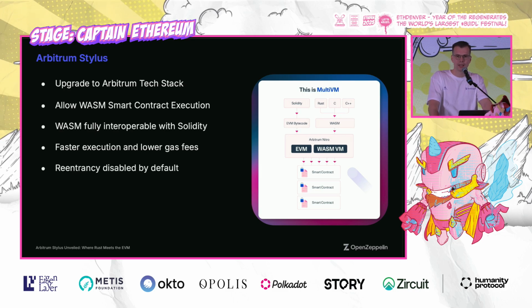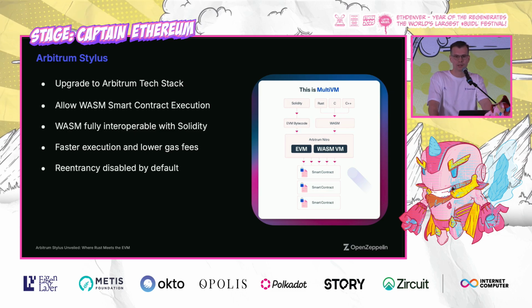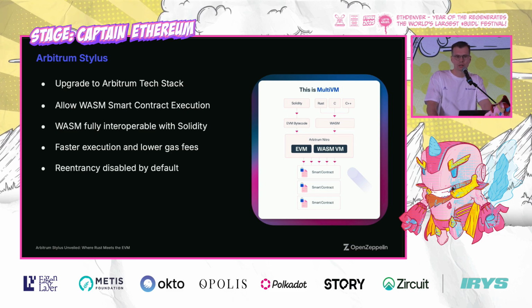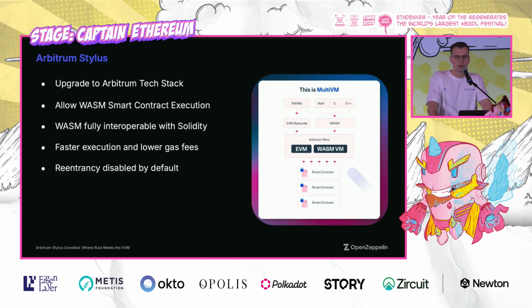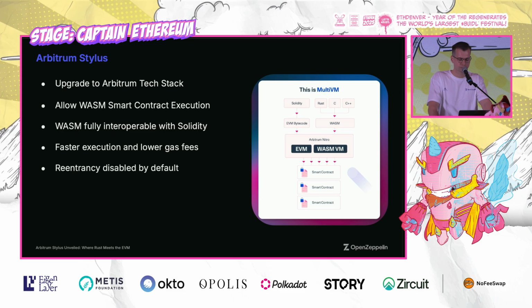At this point, I need to mention that WASM smart contracts are fully interoperable with Solidity ones, which means that we can call either WASM smart contracts or Solidity contracts. They can both call each other, and it works just out of the box.